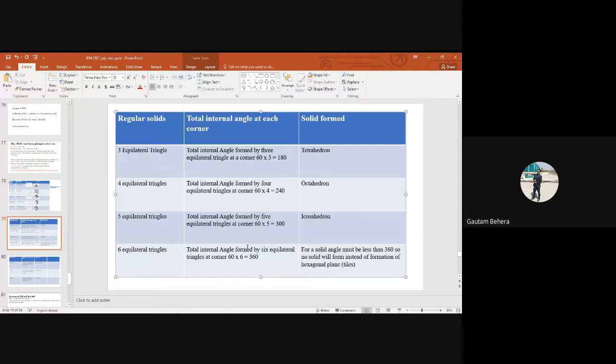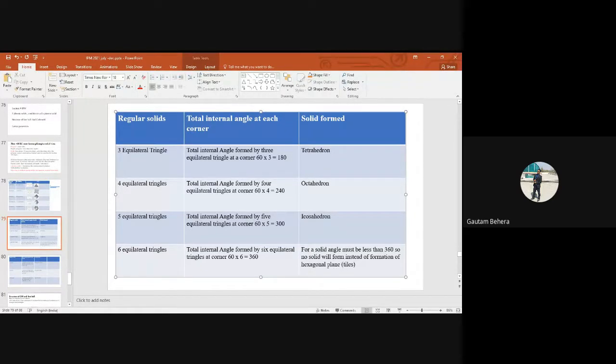No, it cannot form a solid now, because you can see the maximum value should be less than 360 degrees, but now this is 360 degrees. So if you take 6 equilateral triangles and meet them at a point to form a vertices or a corner, you will get the angle of 360 degrees. So this condition is not fulfilled. So what I have written, for a solid, angle must be less than 360 degrees. So no solid will form.